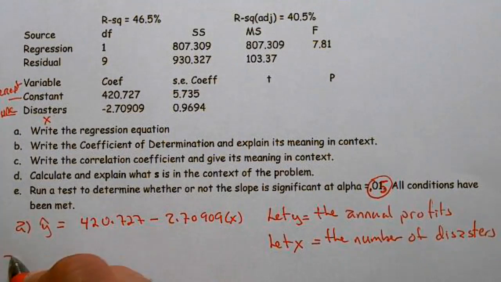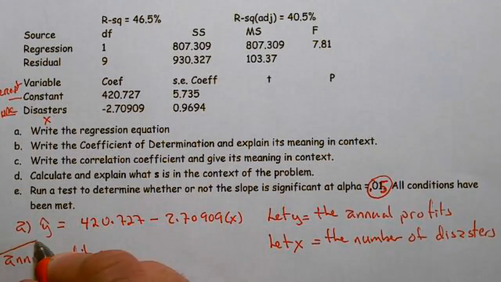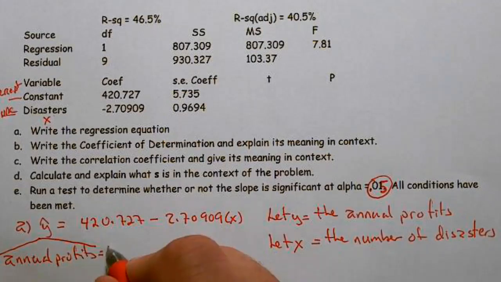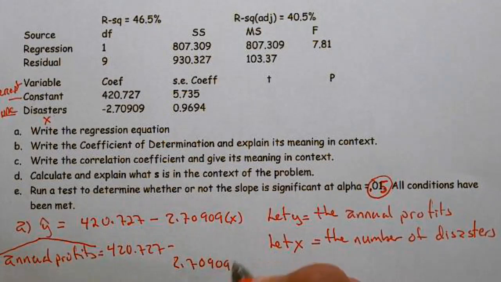I could have said annual profits equals, and put a big hat on top of that, 420.727 minus 2.70909 times number of disasters. If I had written it like that, I wouldn't have to write this off to the side.